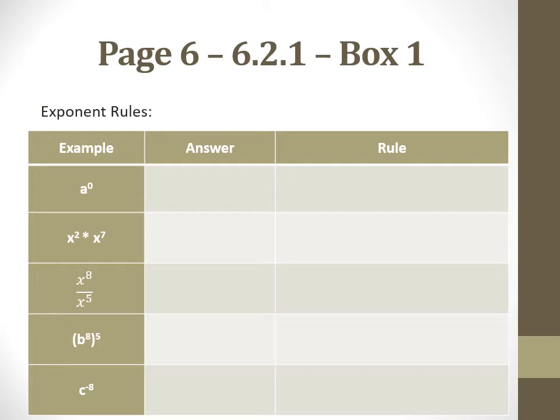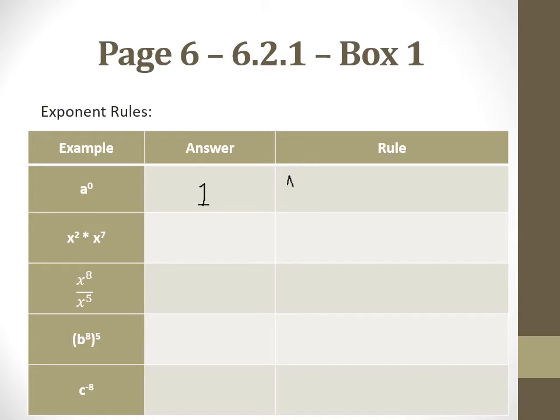So let's get started. As we're getting going here, there are some rules of exponents that you need to remember. You may have seen these in Algebra 1. We've used them a little bit already this year, but make sure that you know all 5 of them. The first one, we have an example a to the 0, and you could really substitute for that any number or variable raised to the power of 0, and the answer is going to be 1.